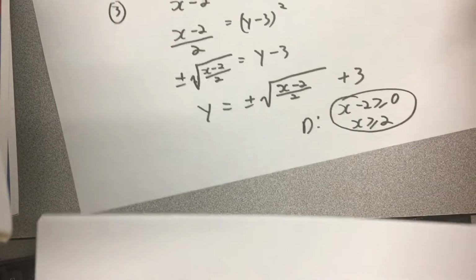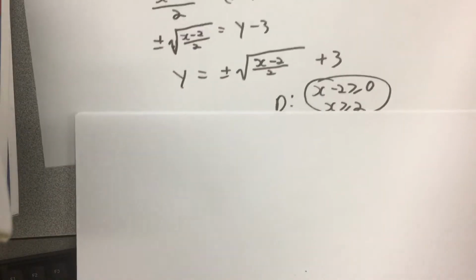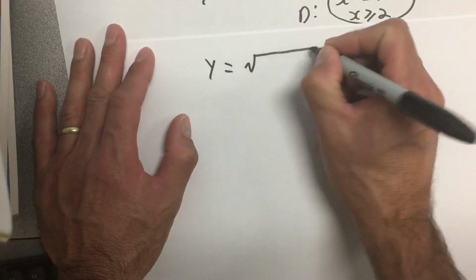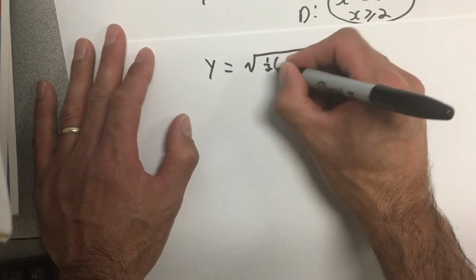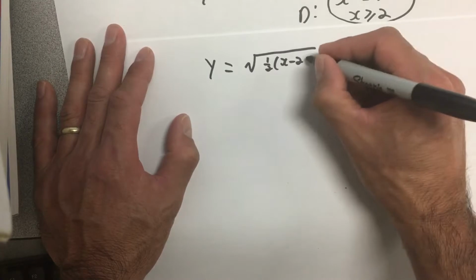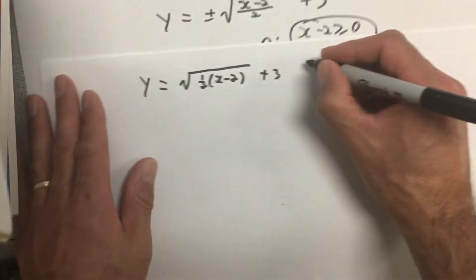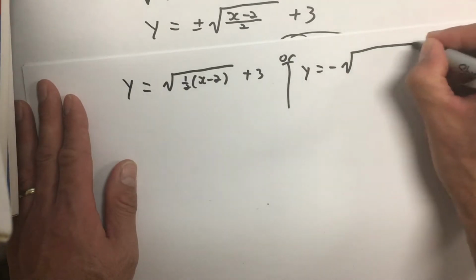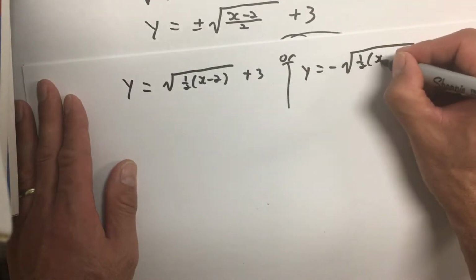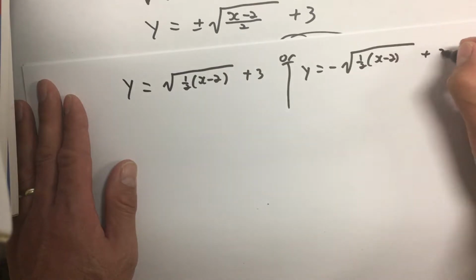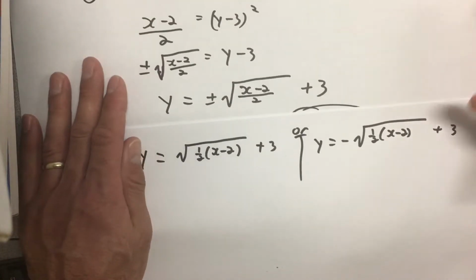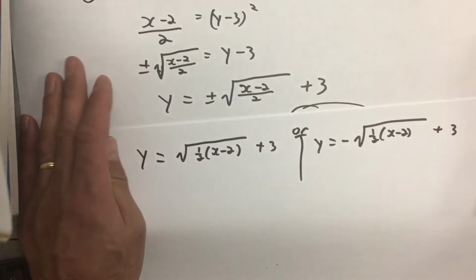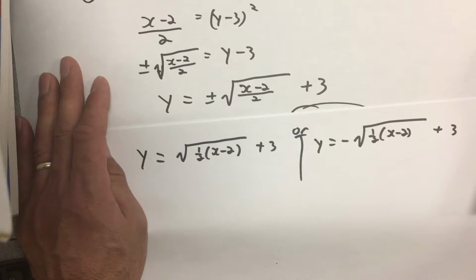So we have 2 functions to graph here. We have y is equal to the square root of 1/2 (x minus 2) plus 3, or y is the negative square root of 1/2 (x minus 2) plus 3. The reason why I took this fraction and wrote it as 1/2 here was to help me identify the transformations to make this easier to graph.